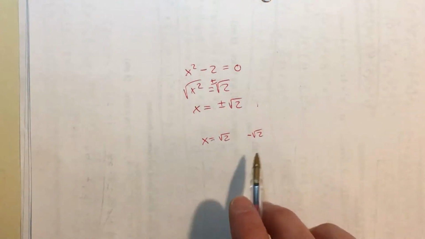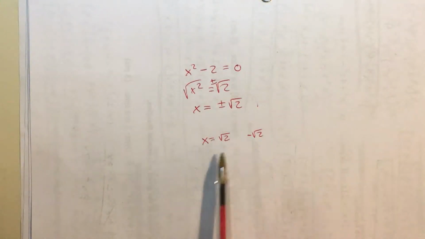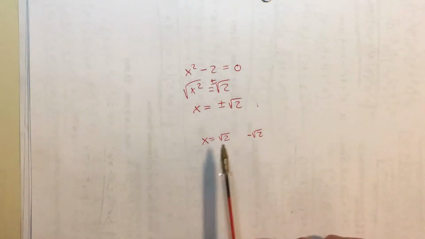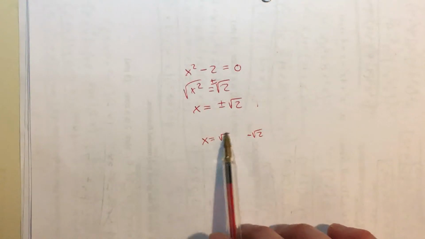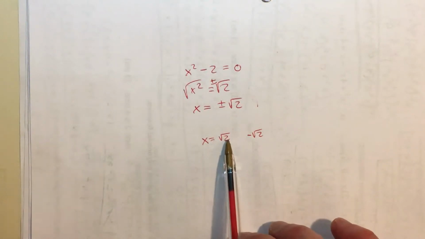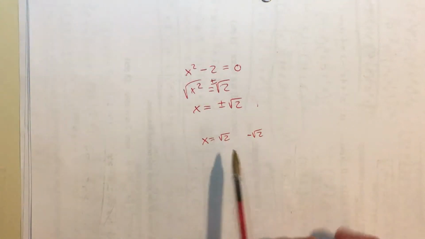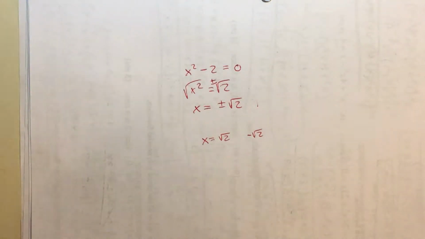And that's exactly what we're talking about with our conjugates. If you've got a square root, which is irrational, this is an irrational number. If you've got i, an imaginary number, they resulted from taking the square root of a square at some point. And you necessarily had a plus and a minus.